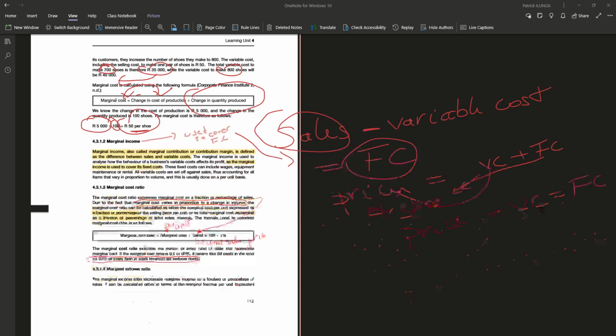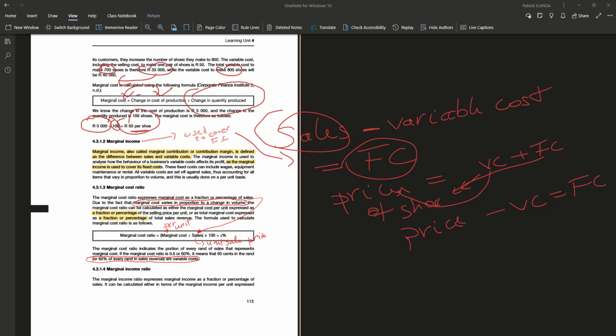So both the marginal cost and the marginal income can be expressed as a fraction or percentage of sales, either on a unit basis, where the marginal cost per unit is expressed as a fraction or a percentage of the selling price per unit. Or you can use the total marginal cost and express it as a fraction or percentage of the total sales revenue. And here the formulas are provided to you.